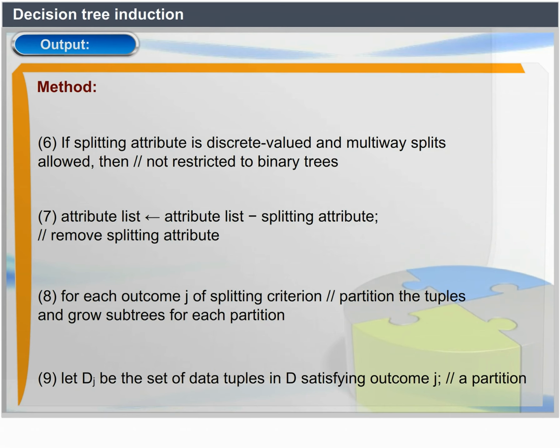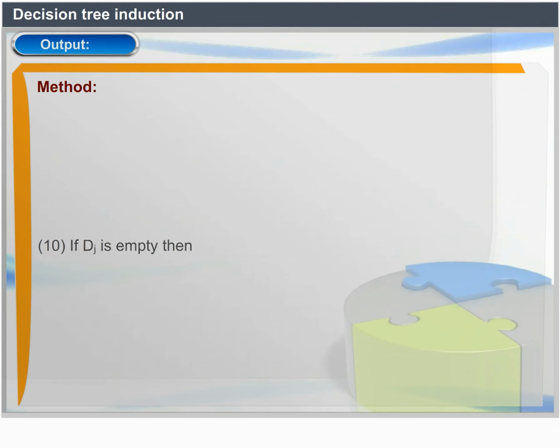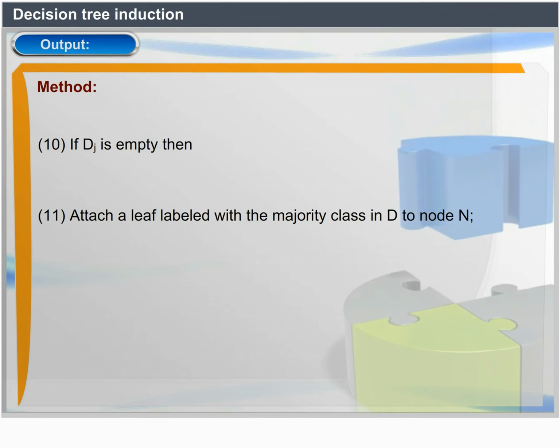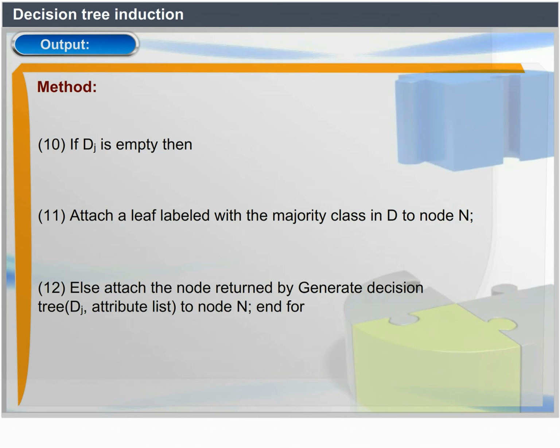Let Dj be the set of data tuples in D satisfying outcome j, a partition. Step 10. If Dj is empty, then Step 11. Attach a leaf labeled with the majority class in D to node n. Step 12. Else attach the node returned by Generate decision tree(Dj, attribute list) to node n. End. Step 13. Return n.